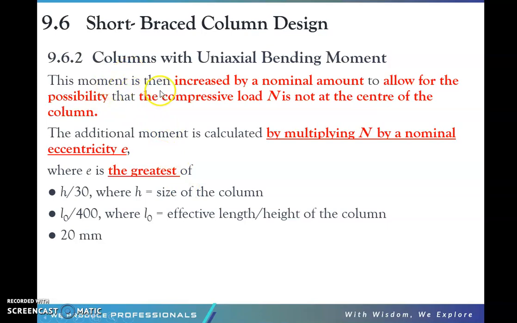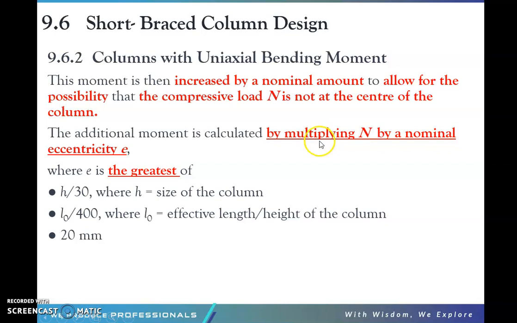Column, this moment is then increased by a nominal amount to allow for the possibility that the compressive load N is not at the center of the column. So the additional moment is calculated by multiplying N by a nominal eccentricity E. Okay, so kita dah tahu nilai compressive load N, tapi kita tak boleh simply pakai ini sahaja.